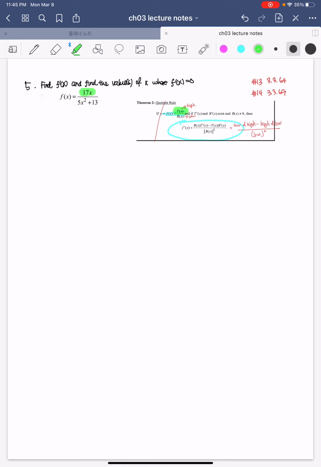T is my numerator and b is my denominator. I'll use pink for t prime and orange for b prime. So let's take the derivative of the numerator and the denominator.